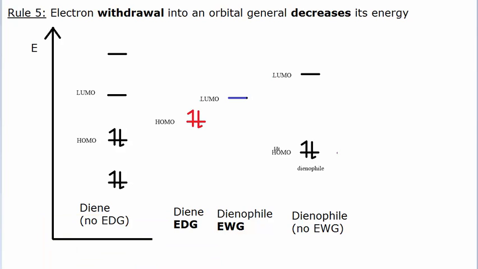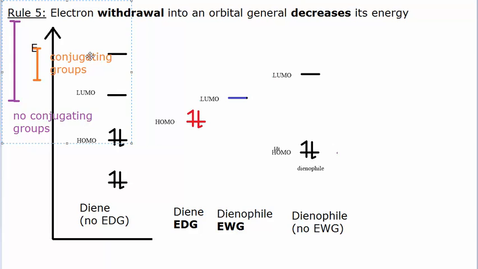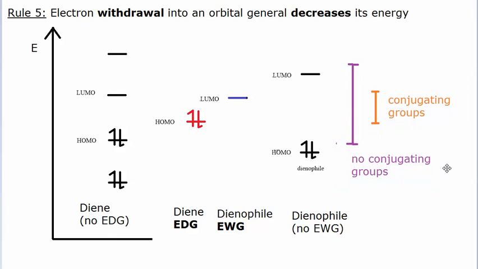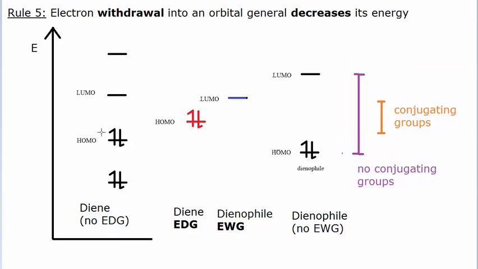So now what you see is that before, when we didn't have what are called conjugating groups on there, the donating group and the withdrawing group, the energy difference between the orbitals was large. So we're looking at this one and this one over here: the HOMO of the diene with the LUMO of the dienophile. The energy difference between these two orbitals was large, which means they're mismatched and they weren't a good bonding pair.